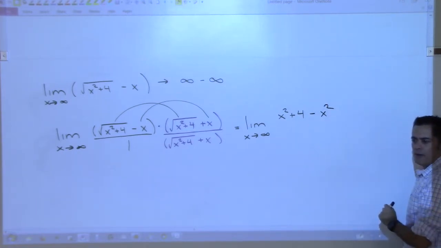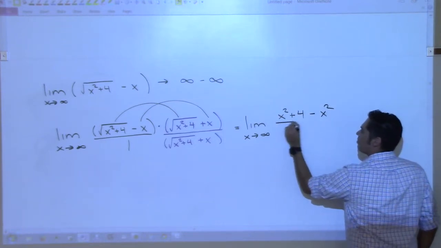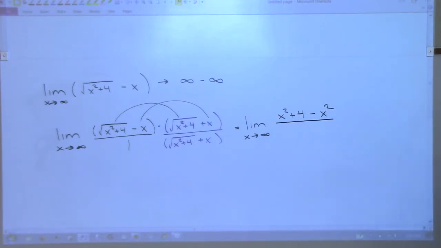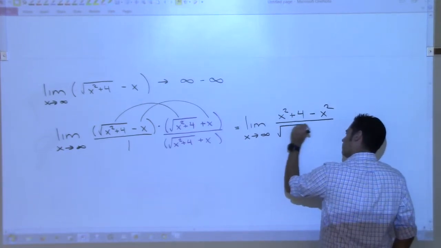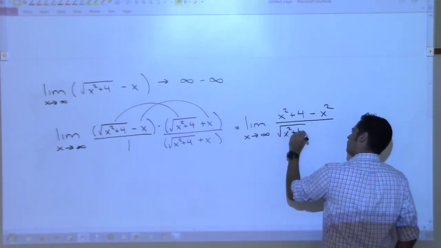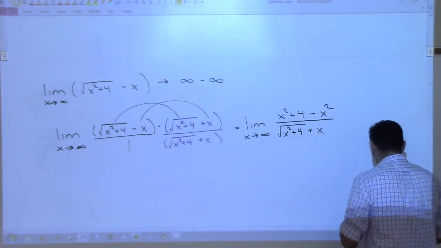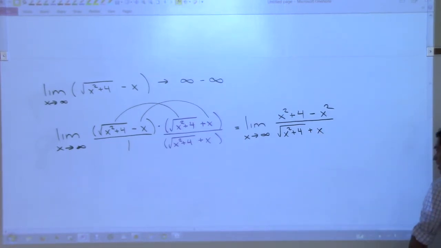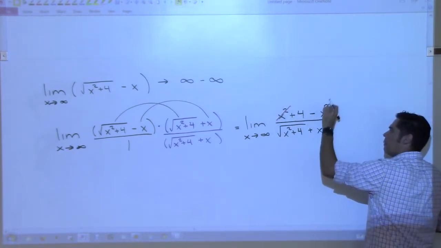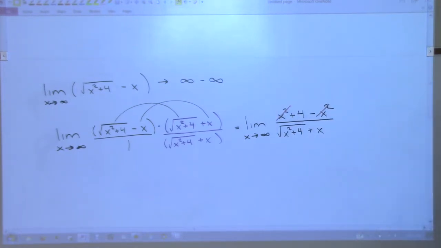Okay, that's all I'm worried about. Now on the bottom, don't I just have 1 times that conjugate, which is just the conjugate? All right. See that? We got some nice stuff upstairs, don't we? The x squareds are gone. And now we have 4 over something, right?